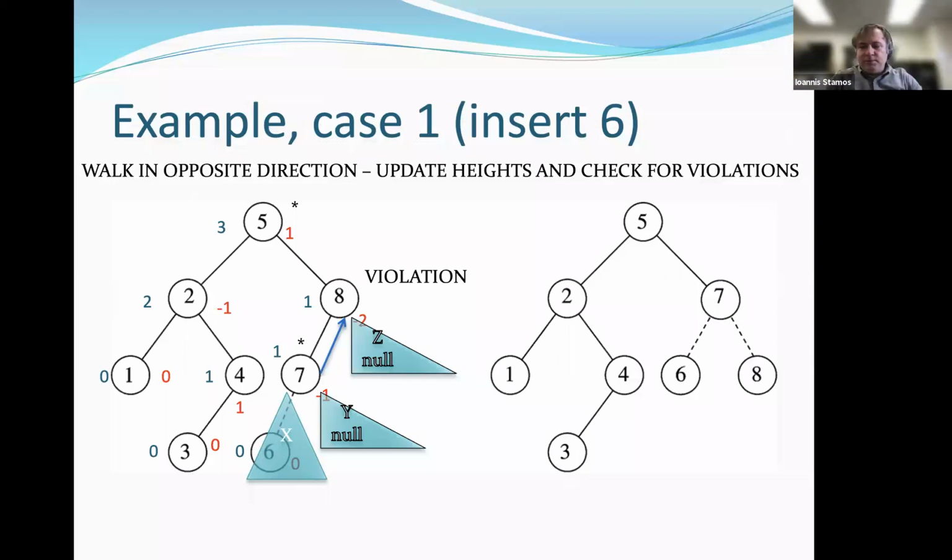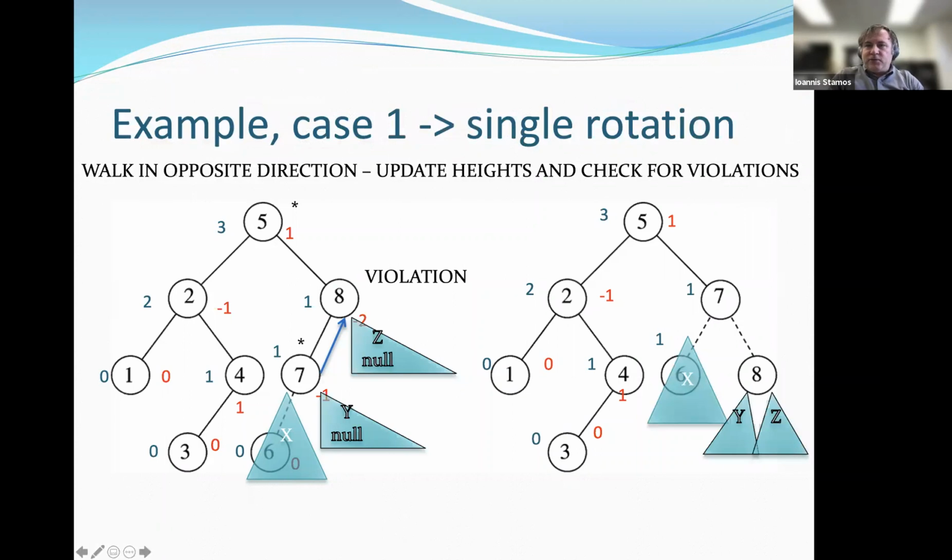It's a left rotation. I don't know if you can see it. And then basically the trees are being adjusted this way, X, Y, and Z. So basically X is 6, Y and Z are empty, and this is your tree.